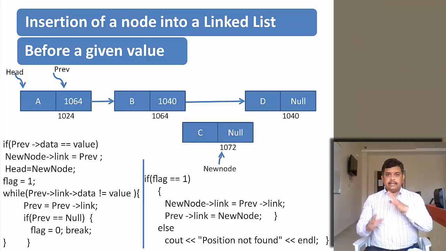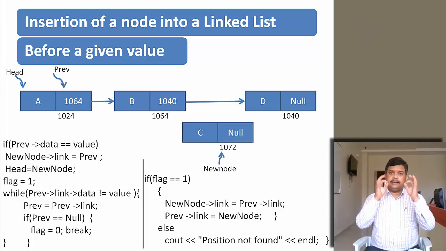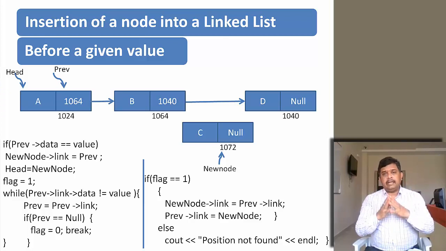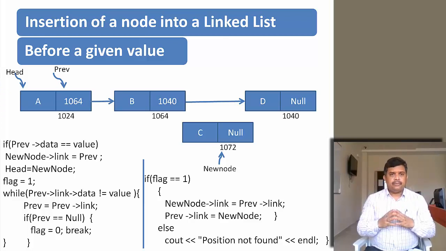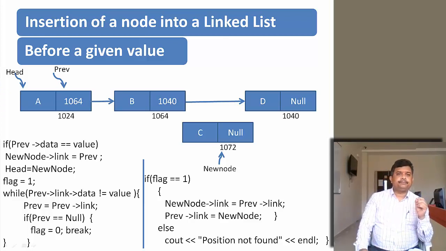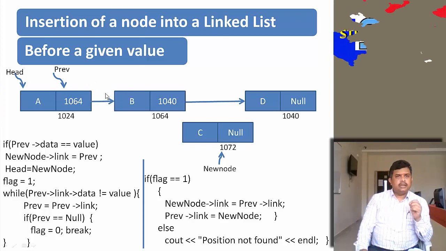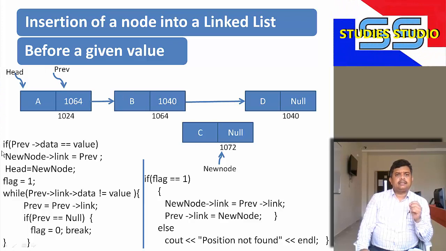So as usual, I'll create my new node containing data C. The link part of C will be null. Here the searching criteria is important. What we are going to do here is, I'm taking a pointer called PREV, which is pointing to the head node, and next if PREV's data is value, then the new node's link is PREV and the head node becomes the new node.